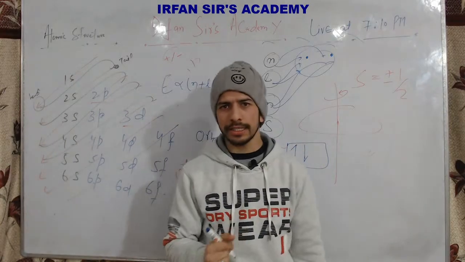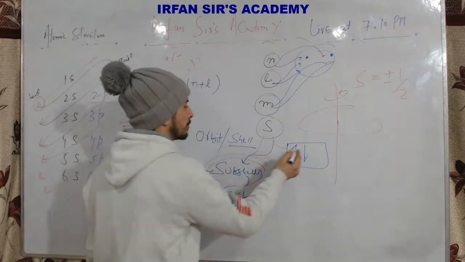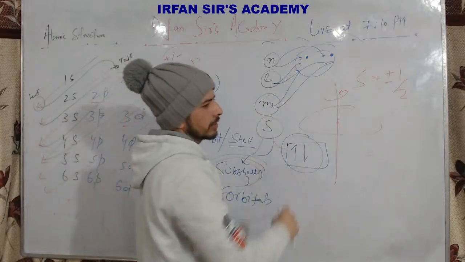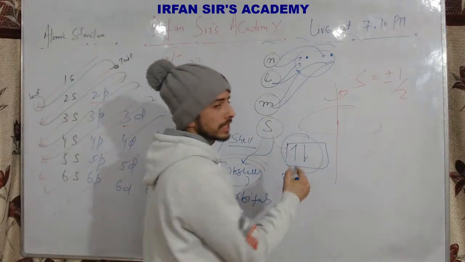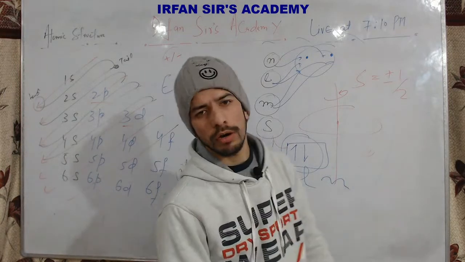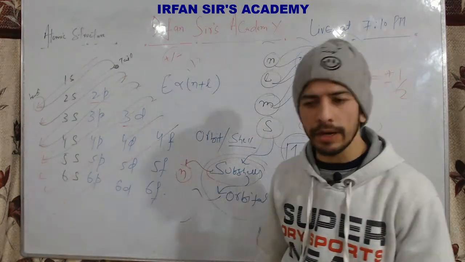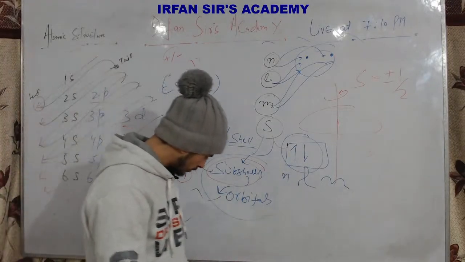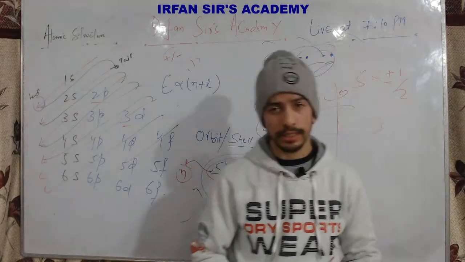The system will be unstable. It means the maximum number of electrons in a particular orbital can be 2. That's why for 2 electrons, the value of n can be the same in the same shell, the same value of L, the same value of M, but the value of S is totally different. I hope it's clear to you. Is it clear to you?